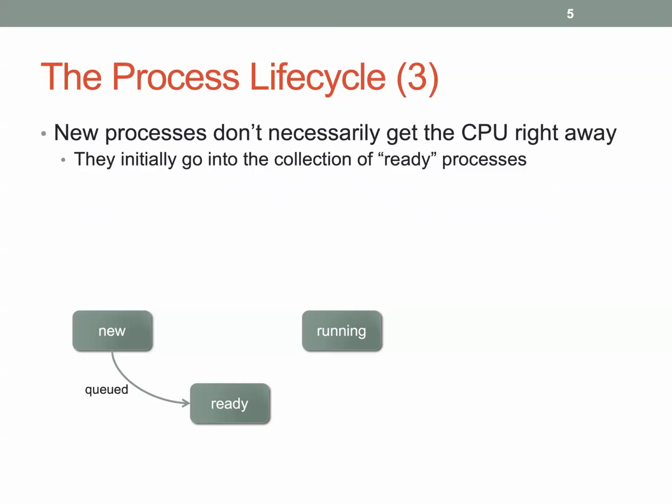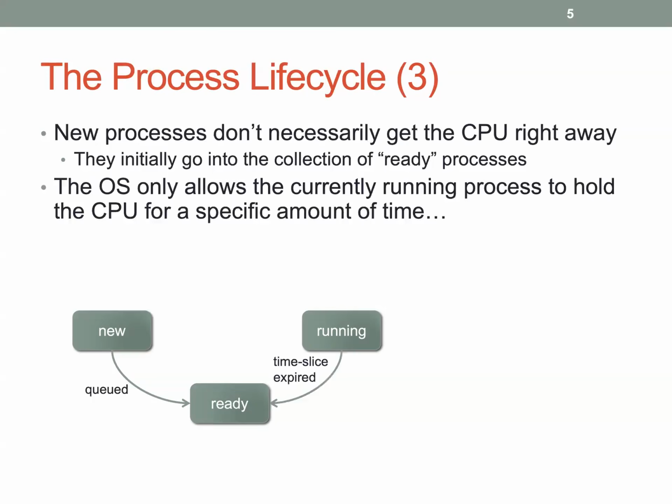Now, when you create a new process, obviously the one that created the process is currently running on the CPU, so it trapped into the kernel to start a new process. And so the new process immediately goes into the ready state because we don't know when it should run next. There's prioritization, there's other things that go into figuring out who gets the CPU next.